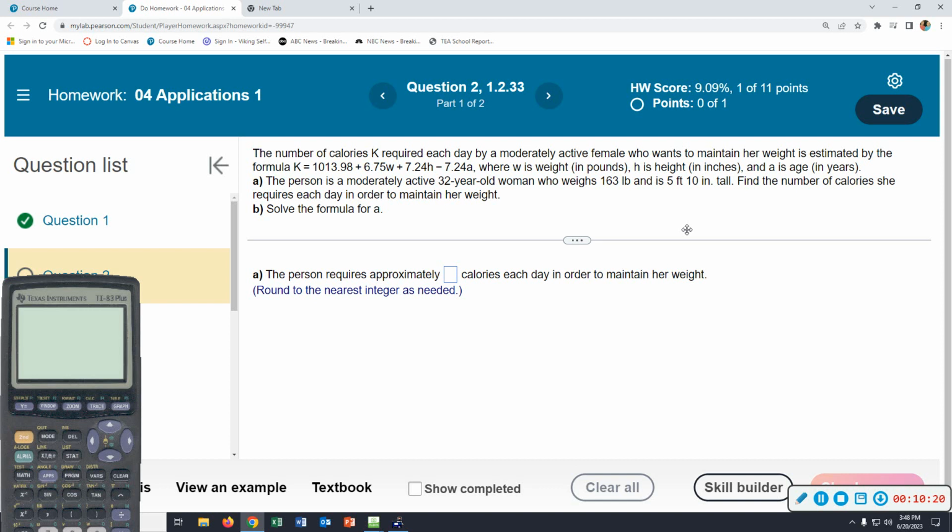K equals 1013.98 plus 6.75W, plus 7.24H, minus 7.24A.